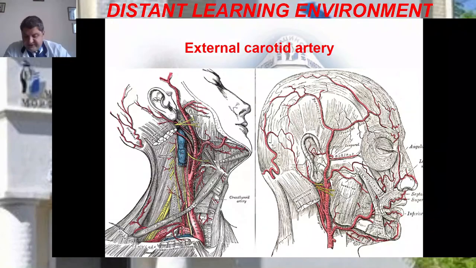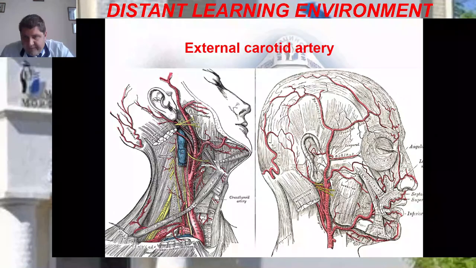Another branch originates above the zygomatic arch and runs to the lateral angle of the eye. So you may see this artery and this artery. This is cut above the zygomatic arch, the orbital branch, and it forms an anastomosis with the frontal branch of the superficial temporal artery here.